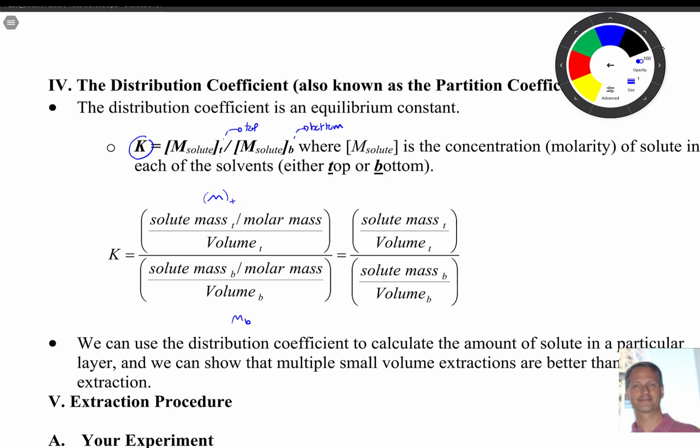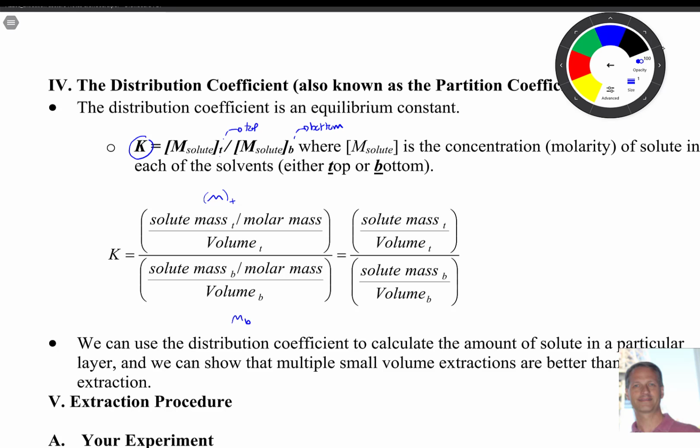What we try to do when we carry these out, just to make life a little bit easier, is to talk about the same compound. So it'd be the K value for naphthalene in ether and water, and the K value for benzoic acid in ether and water. It's specific to a compound and also the solvents you're working with.